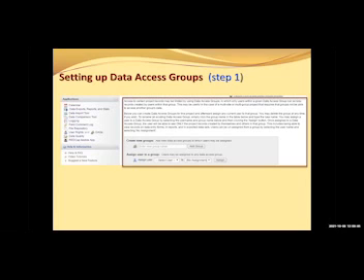For setting up data access groups, you can create groups according to what is appropriate for the project. For example, if you have a multi-center study, you can create groups for each center. How do you do that? You go to DAGs under application, click on DAGs, and then you will see this page to create new groups.